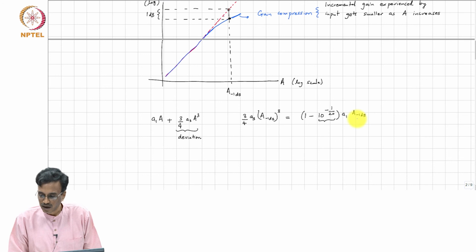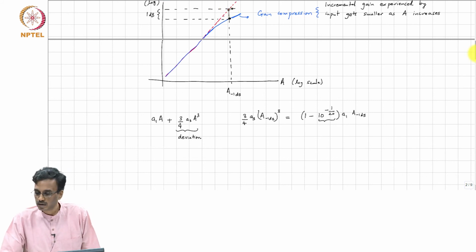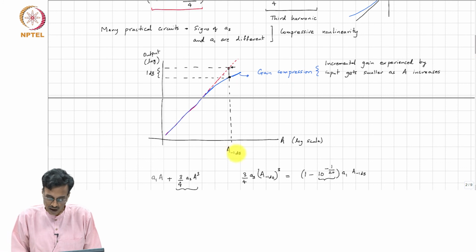So, A1 times A minus 1 dB is that chap. Do you understand? This is A minus 1 dB, correct.